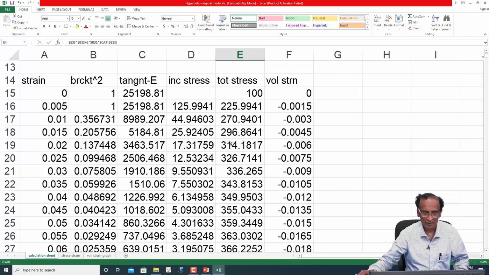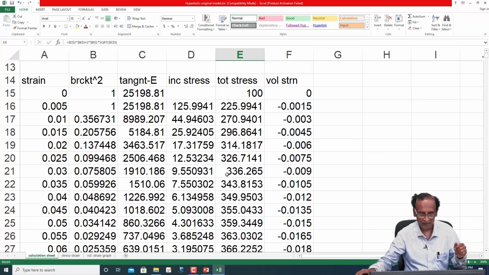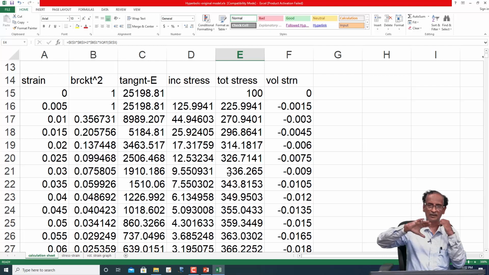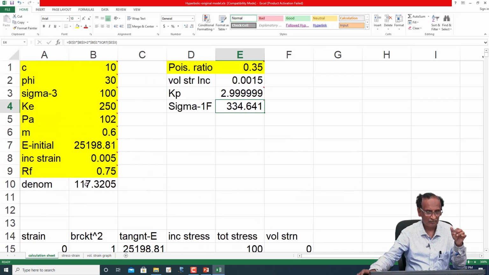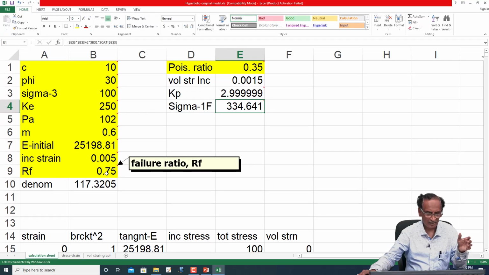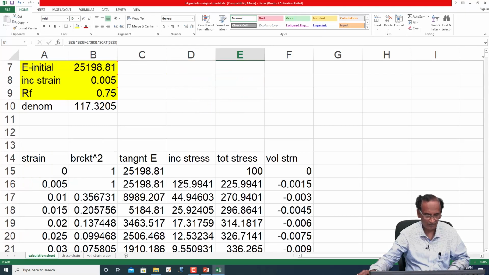So, at about 3% strain, we have reached a failure stress of 334, but the stress is still increasing because our RF value is 0.75. So our tangent modulus will never become 0.